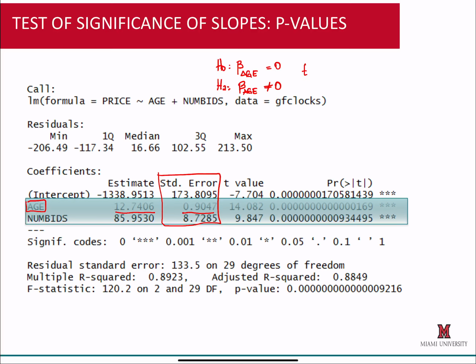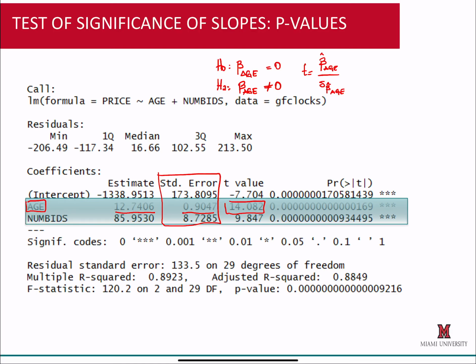The test statistic is going to be the estimate of the slope that we got for h, divided by the standard error of that slope. And we can see that that's 12.74 over 0.9, which gets you 14 standard errors, which means that the slope is 14 standard errors away from 0.